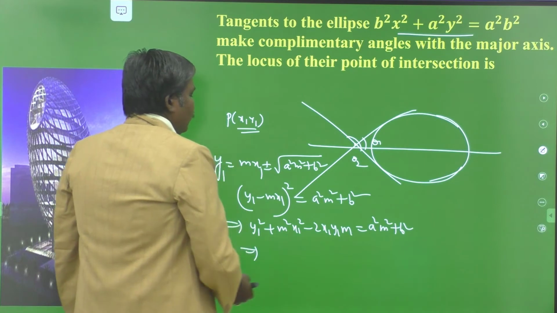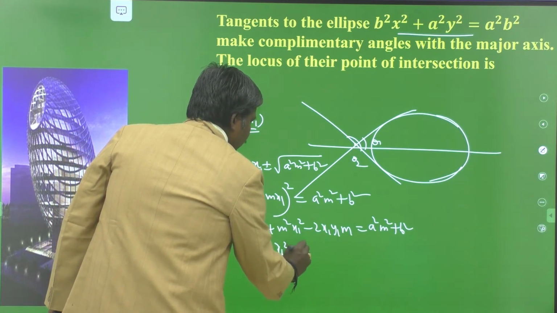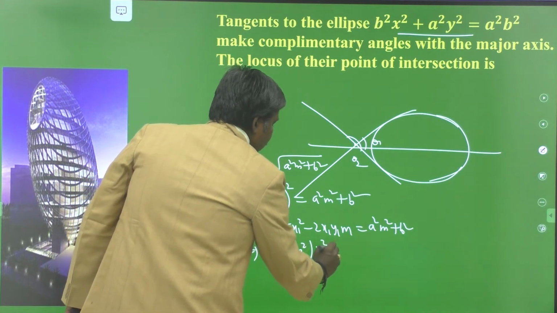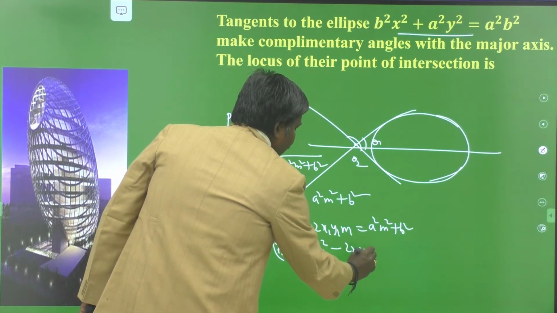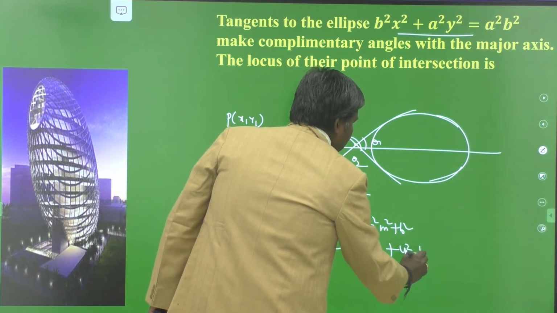You can write it in quadratic form of m: (x1² − a²)m² − 2x1y1m + (y1² − b²) = 0.